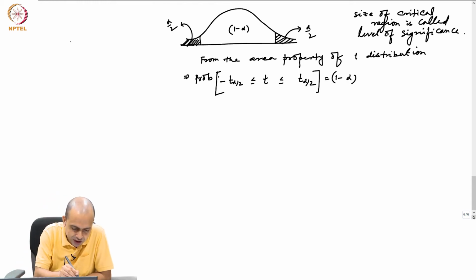And what is T? T here is beta hat minus beta divided by standard error of beta hat.